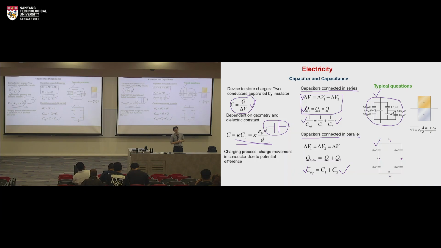Of course, to do it you need to understand not only the equivalent capacitance, but also this relation in terms of delta V and charge Q. Again, I already mentioned when we discussed this that it is something you will for sure see in the final exam.